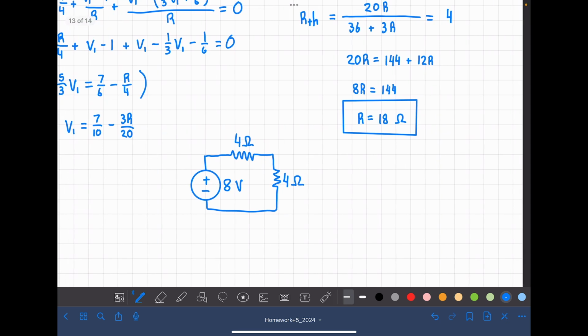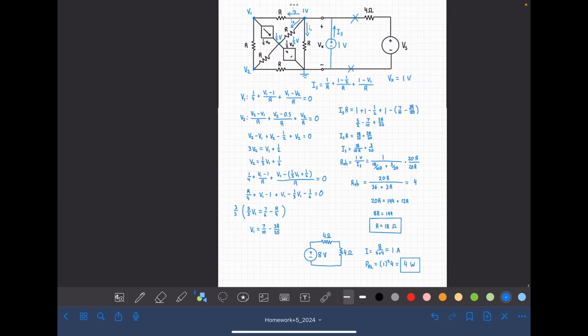So finding the current through here, we have I is equal to 8 divided by 4 plus 4, which is just 1 amp. And if we remember our power equation, power through RL would just be equal to I squared, so 1 squared times the resistance of RL, which is 4. So our load circuit is dissipating 4 watts. Alrighty. That's that.